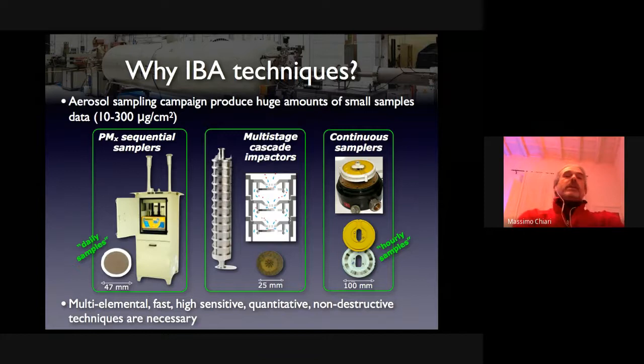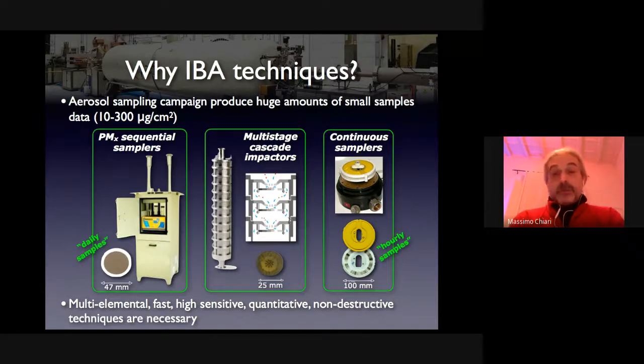Why can we apply IBA techniques to this field, which could otherwise be studied using just chemical technologies? Because an aerosol sampling campaign typically produces a large number of samples characterized by a small amount of material. So for a comprehensive characterization of these samples, there's the need for a multi-elemental technique, because with a single measurement you can measure more variables.